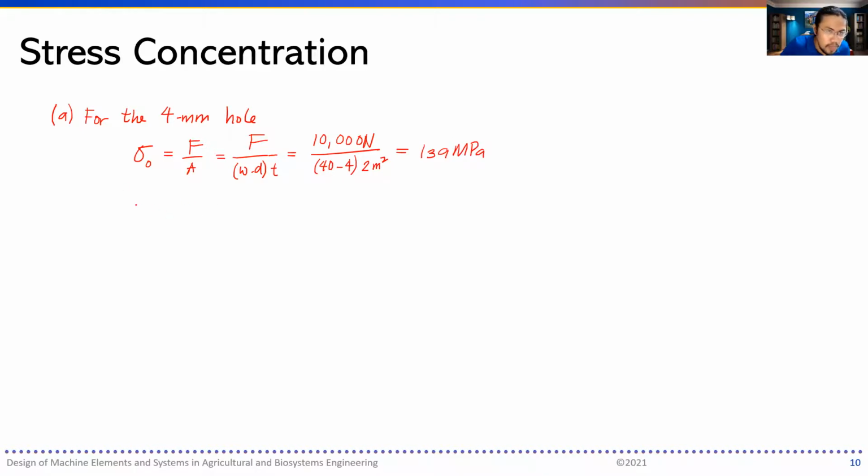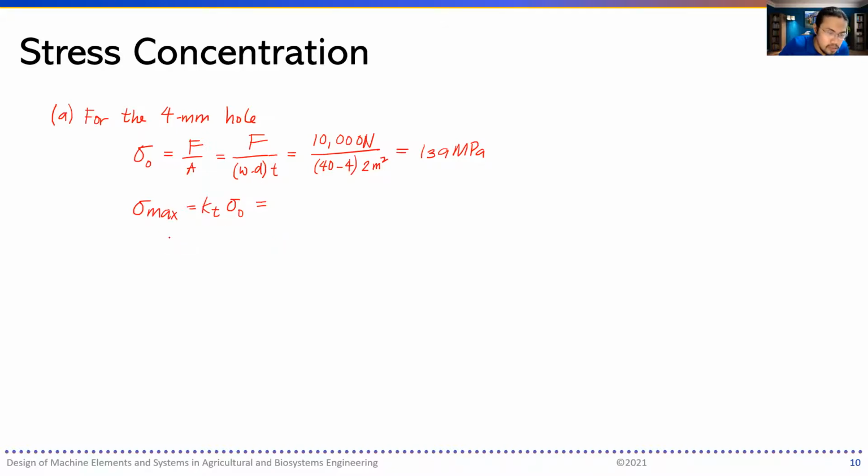Okay. Now the sigma max can be determined by multiplying the k sub t with the determined value of sigma o.